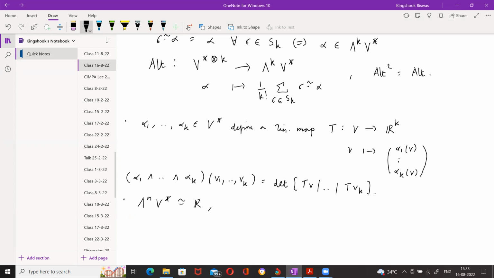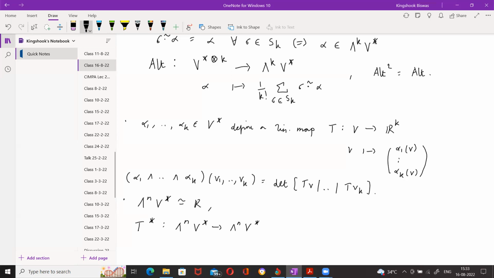So T star goes from wedge n V star to wedge n V star, right?